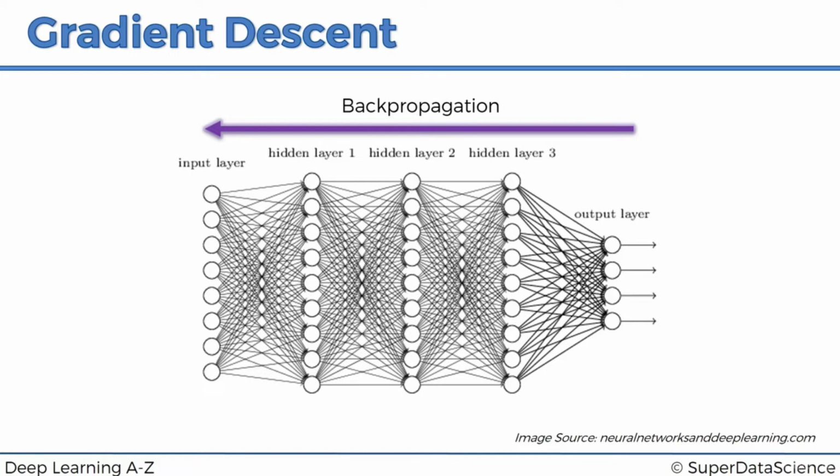The huge advantage of backpropagation, and this is a key thing to remember, is that during the process of backpropagation, simply because of the way the algorithm is structured, you are able to adjust all of the weights at the same time.